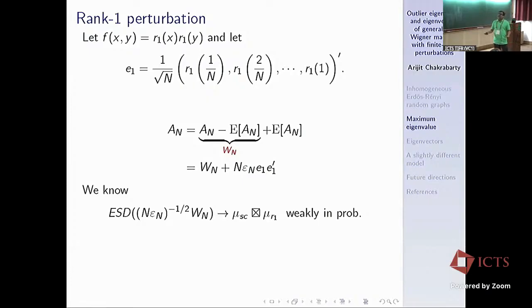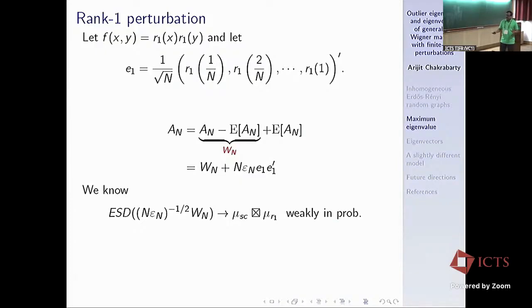The form of the limiting spectral distribution is unimportant, but this has already been talked about in one of the talks. So this is free multiplicative convolution. Free probability was introduced in Raghavendra's talk yesterday. So this is the free multiplicative product of the semicircular law with something else. That something else is just the law of R_1 times U, where U is independent.